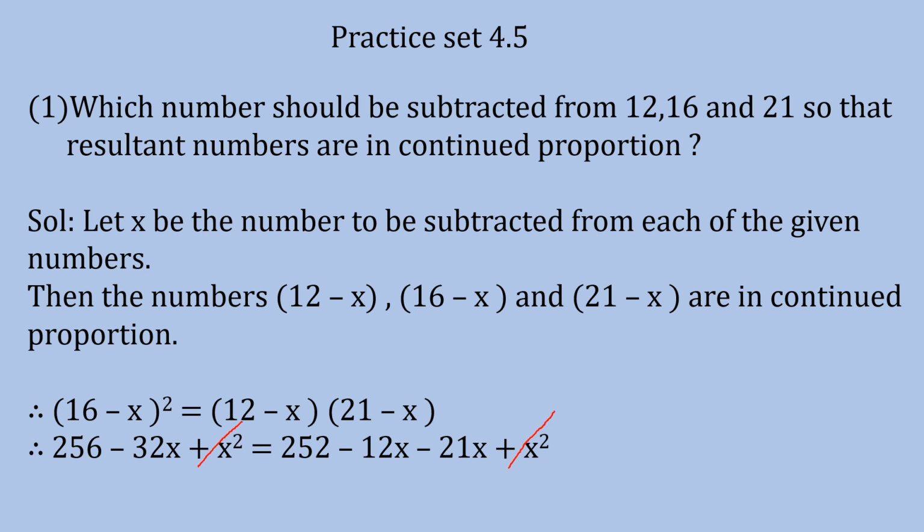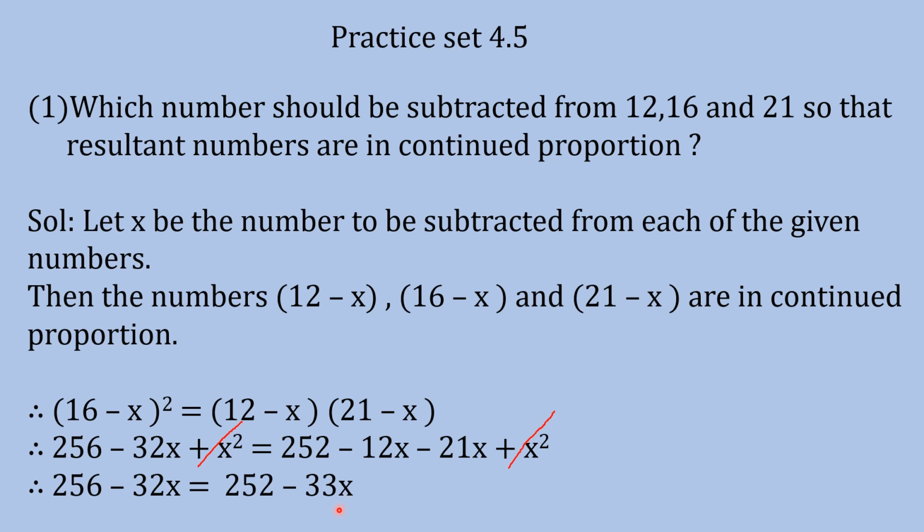So when the sign is the same and one is on the left hand side and one on the right hand side, it will cancel. Now student, what remains? You'll get 256 minus 32x equal to 252 minus 33x. You'll add minus 12x and minus 21x; as both have the same sign, the numbers will add, so it will become 33x.